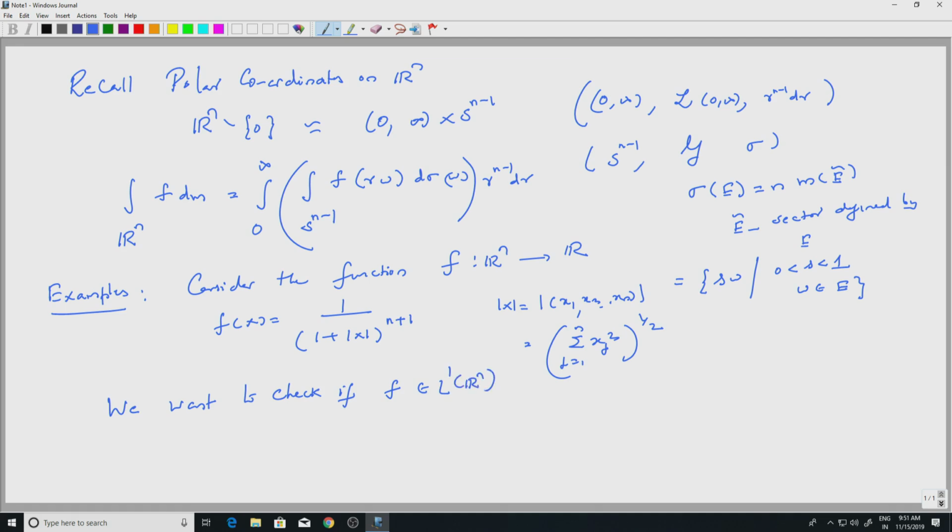Of course, this is a continuous function, so it is measurable. Such things do not cause any problem. The question is whether it is integrable or not. So, I want to compute the integral of f and see if it is finite.